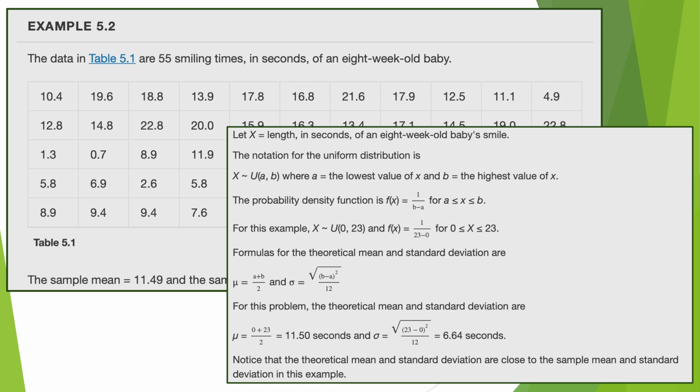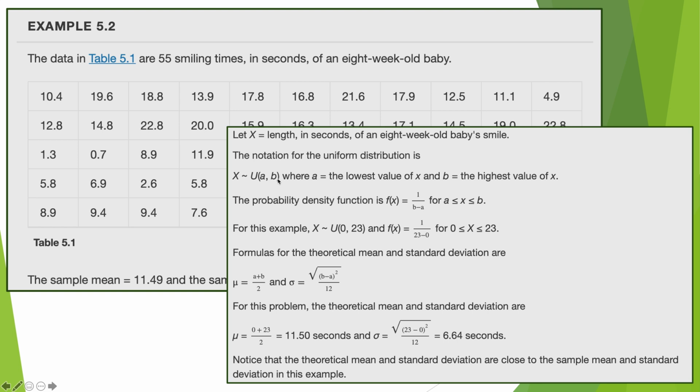So we find the lowest score and we think of that as our beginning point, which we refer to as A. And then we find the highest score and we refer to that as B. So if you wanted to write in your own words, you could write U for uniform distribution of lowest score, highest score, okay? Or lowest value, highest value, if you wanted to write it all out.